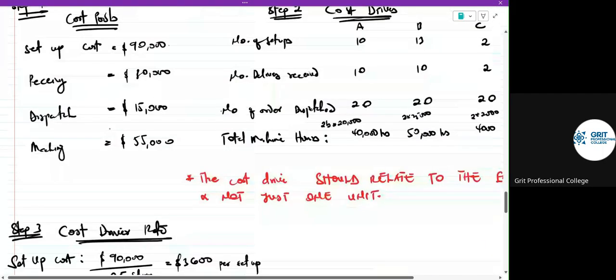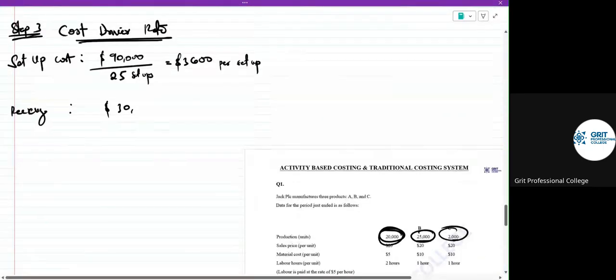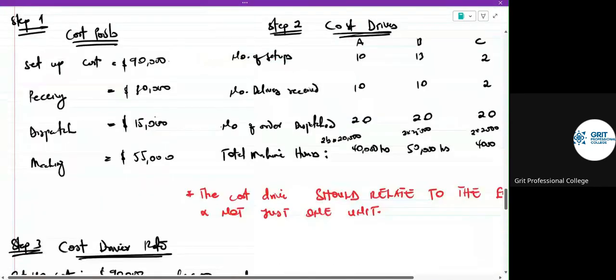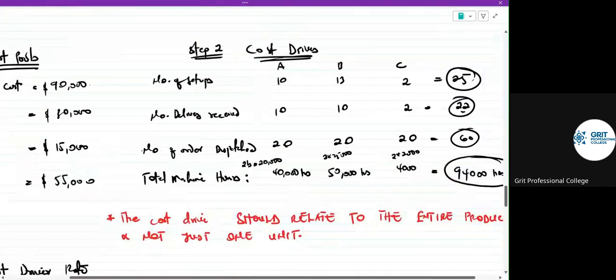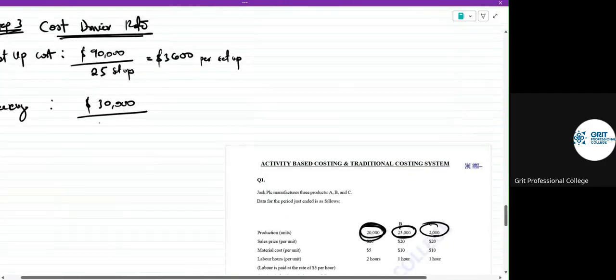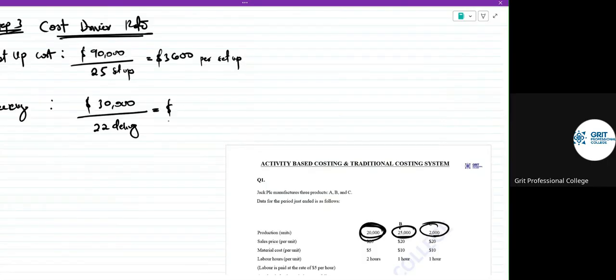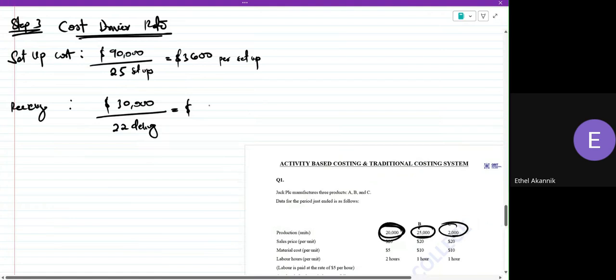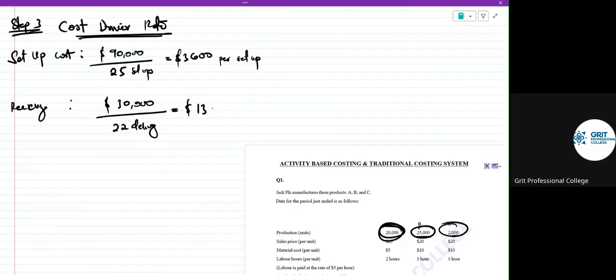We take the overhead, 30,000, divided by the total of the cost driver information, which is 22. So that is 22 deliveries in total. And so that gives us what? 1363.64 per delivery.